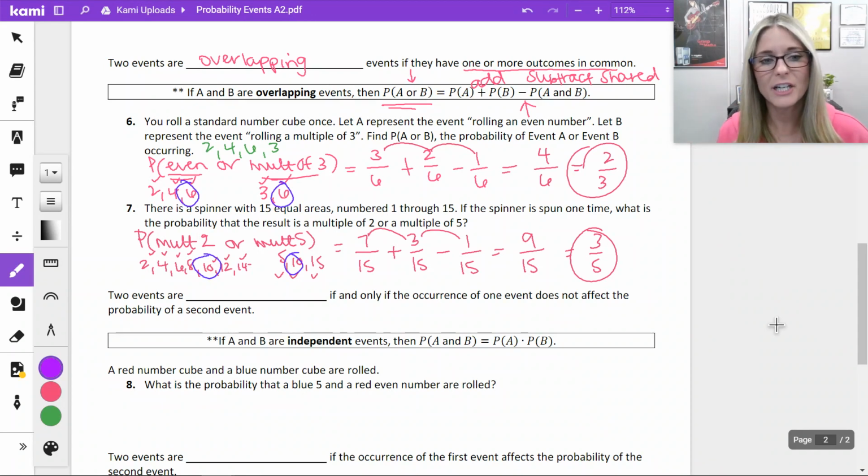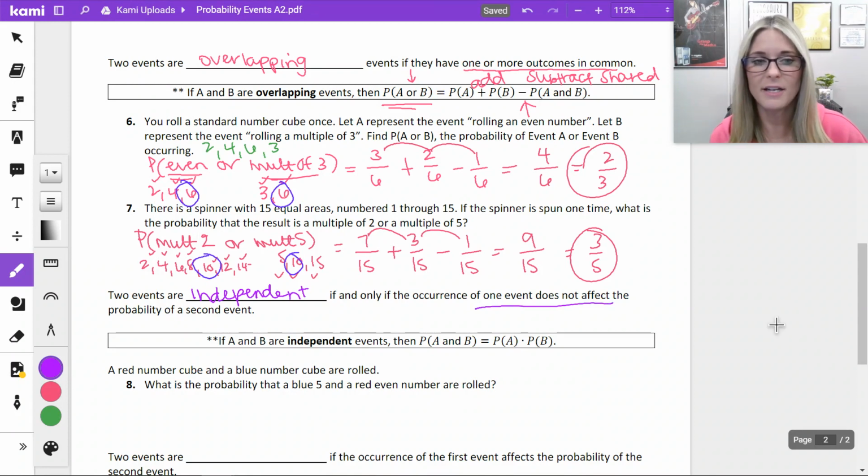Next vocabulary here, 2 events are independent if and only if the occurrence of one event does not affect the probability of the second event. They are independent, separate, don't influence each other.